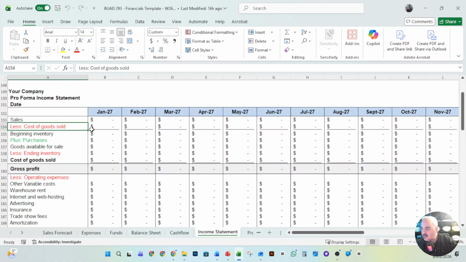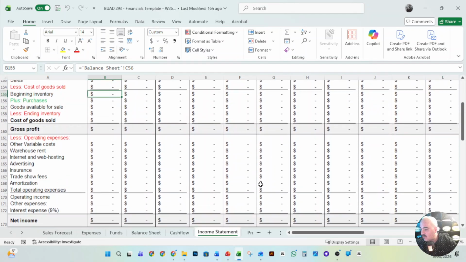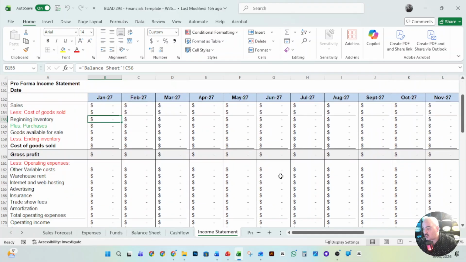So again, guys, there are some formulas in here that should automatically populate when you populate the earlier sheets. And as you go through, we want to make sure that we are getting all of this information filled in so that we know we can go and look at those financial metrics, those financial ratios, and see how the company is doing in general compared to those benchmarks.